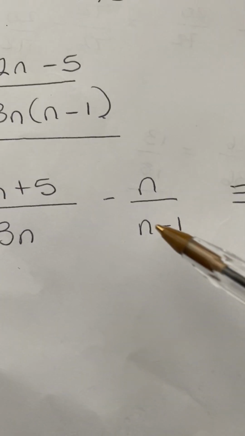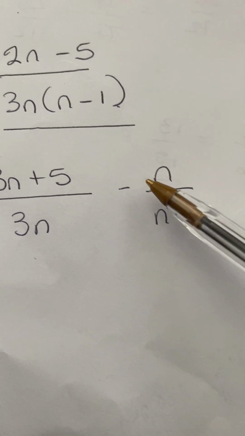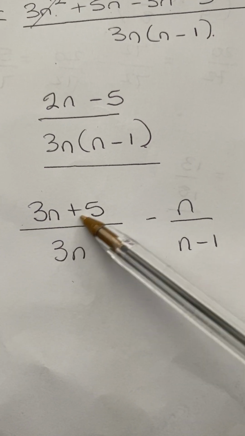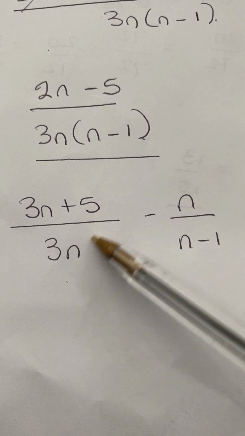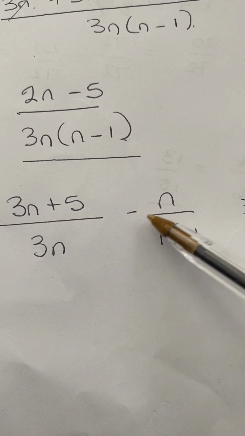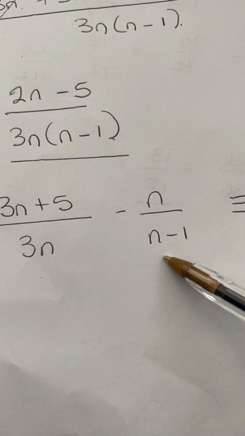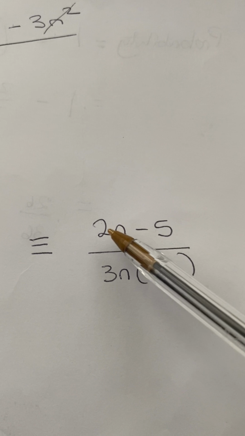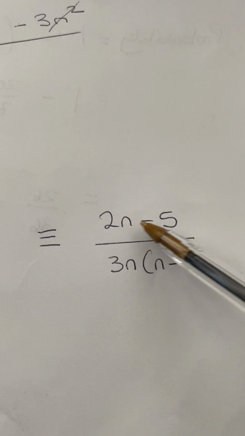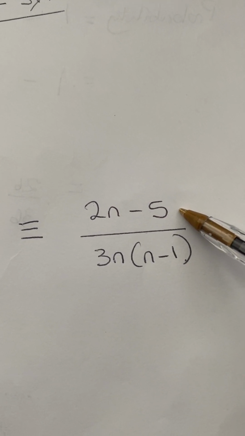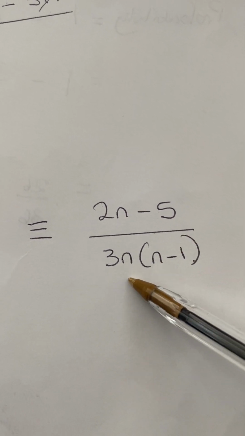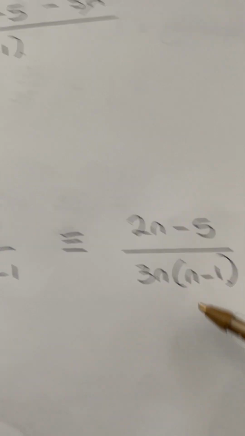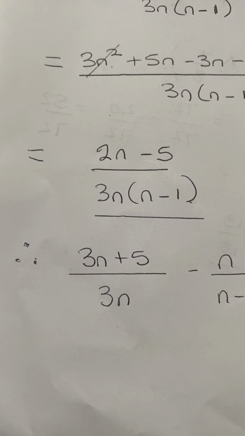So now I've proved that 3n plus 5 over 3n minus n over n minus 1 is equivalent to 2n minus 5 all over 3n(n minus 1).